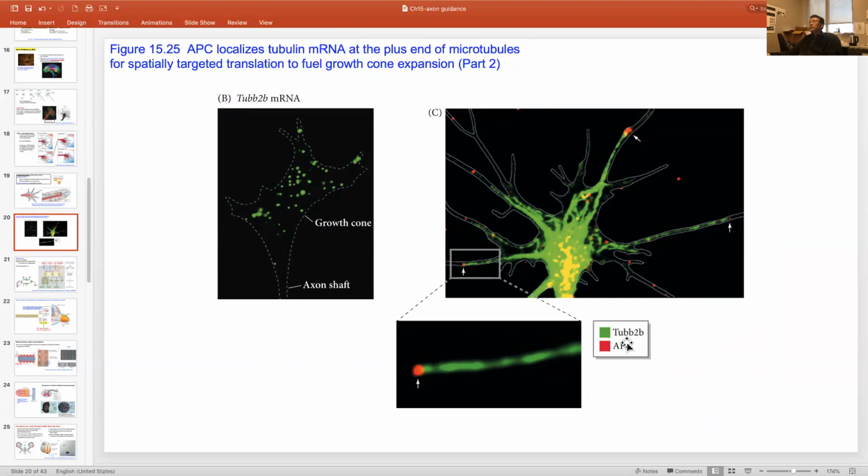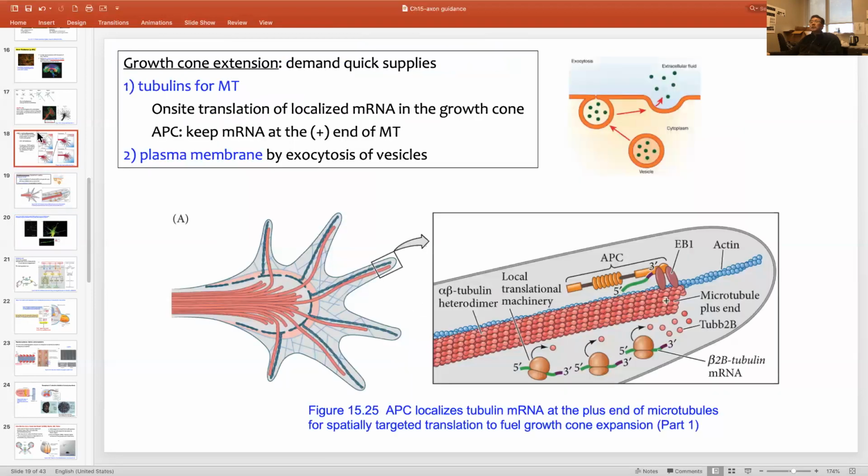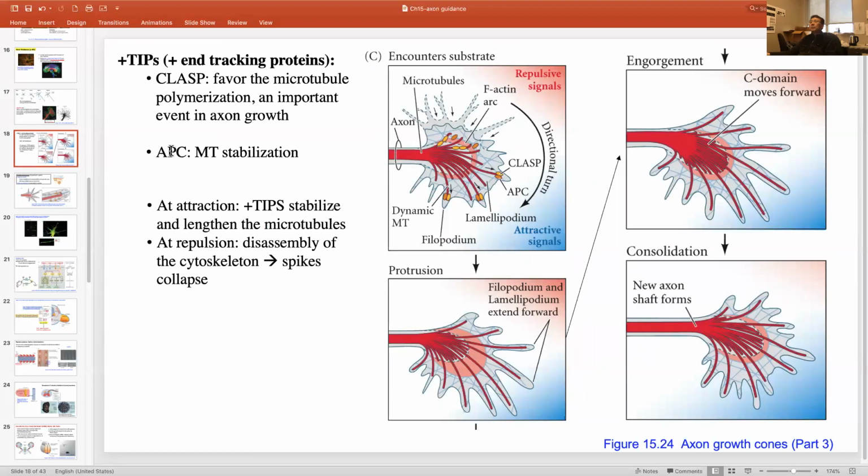APC is the plus tip protein, as I mentioned earlier. Here is the APC protein, one of the plus tip proteins associated with the plus end of the microtubules.